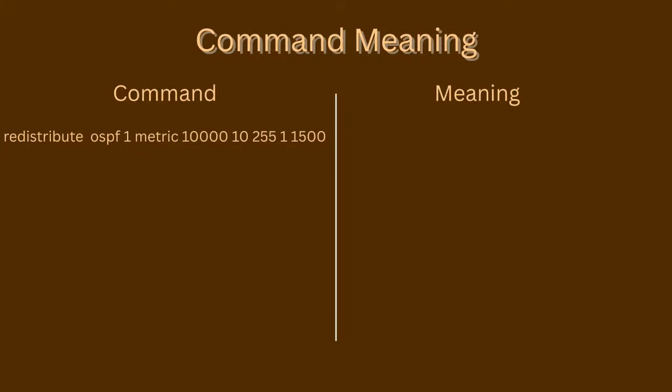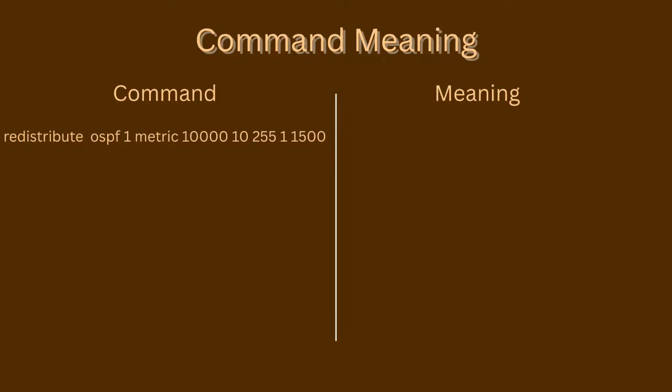The second, 10, is the delay. The third, 255, is the reliability, with 255 being 100% reliable. The fourth, 1, stands for load. And the last one, 1500, is the MTU, or maximum transmission unit size. Together, these values tell EIGRP how to calculate the metric for routes that came from OSPF.